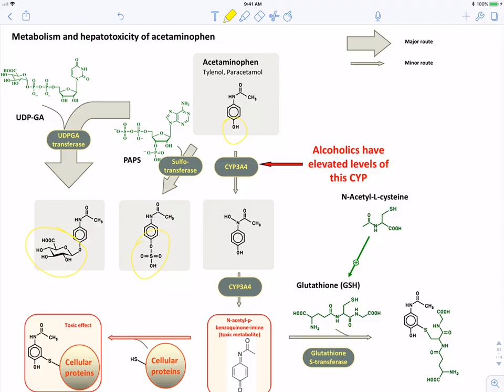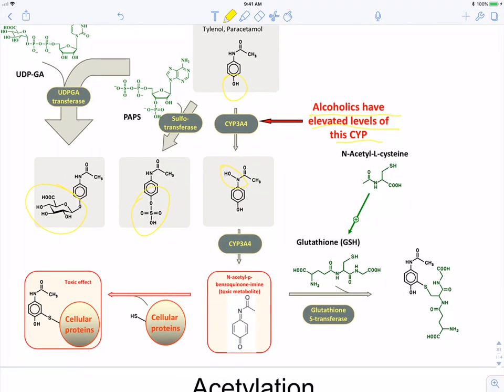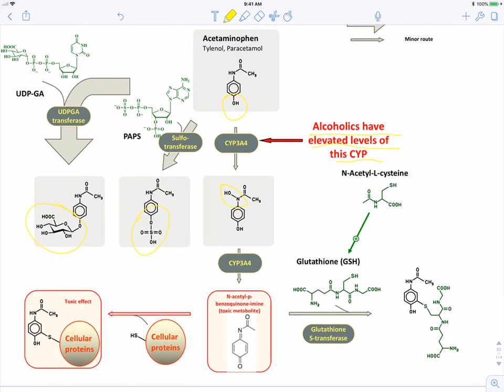It can also be oxidized by cytochrome P450 3A4, of which people with alcohol abuse problems have elevated levels, and so we end up first forming this hydroxy derivative, and then this is further oxidized to yield a benzoquinone imine metabolite, which is very toxic.